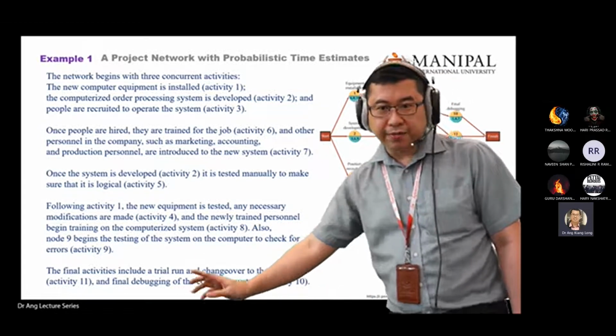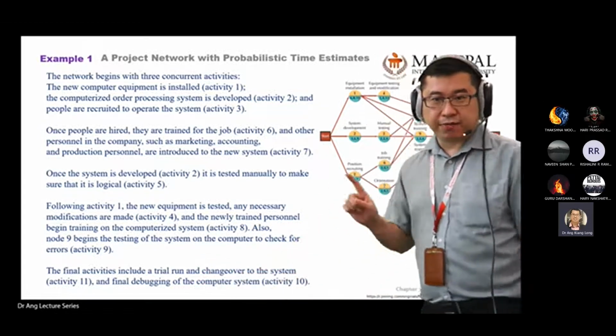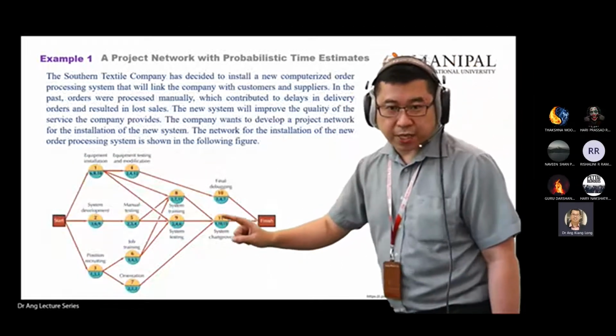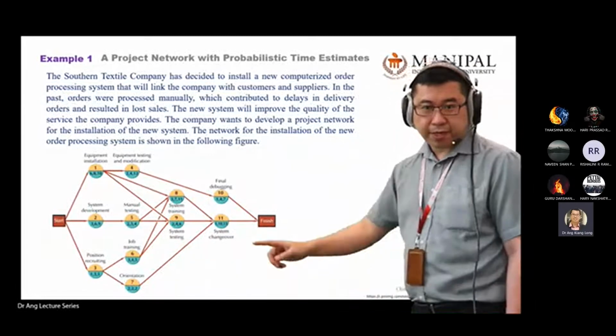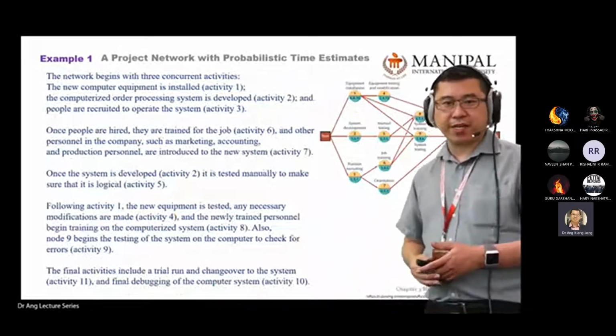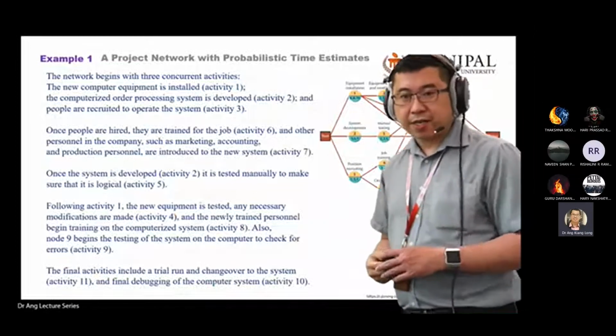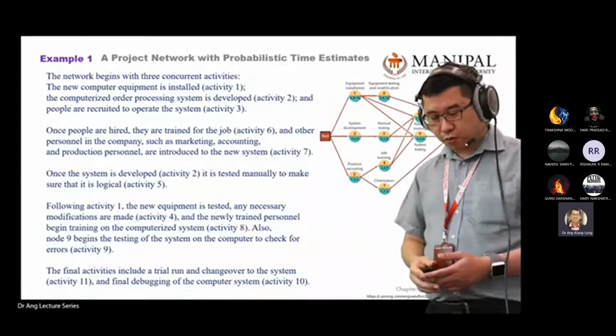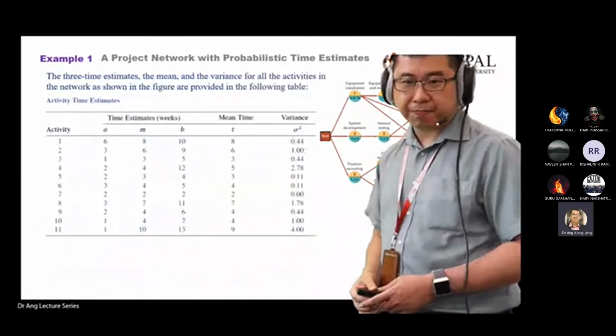No, we have 11, sorry. If you look at this diagram, the final activity is 11. So in total we have 11. Quite a lot of work and calculation here, because you need to convert this one into another diagram.